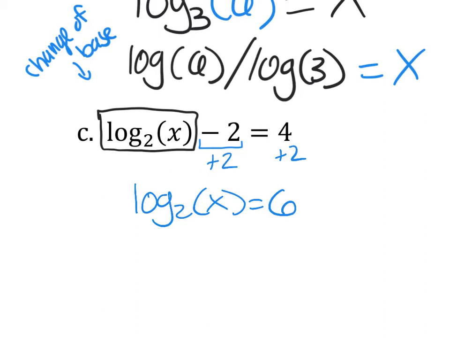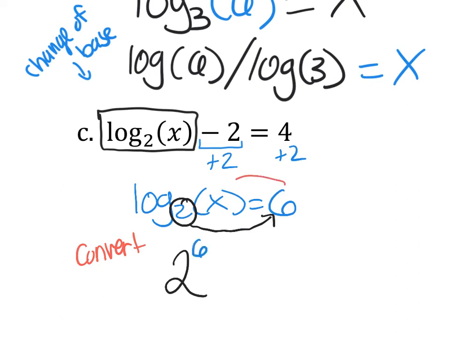Okay, now looking at the log as is, do we know what x is? Can we figure it out just by looking at it? No. Is x by itself? No, so that means we can try converting. So the base of my log becomes the base of my exponential. We go across the equal sign to get our exponent, and we come back around to get what it equals.